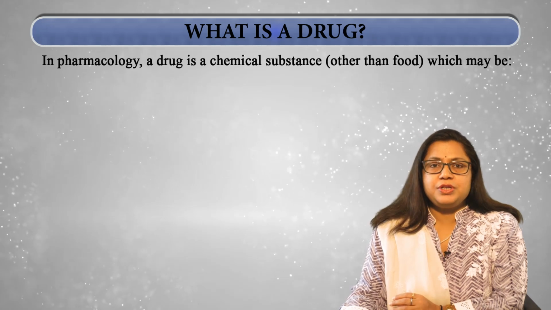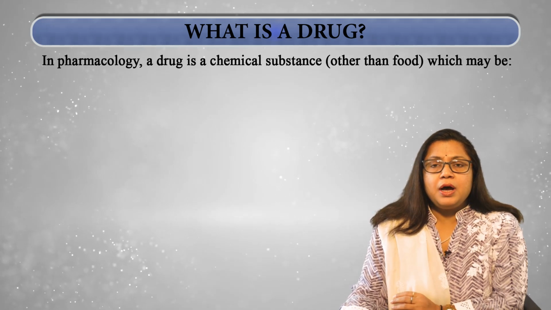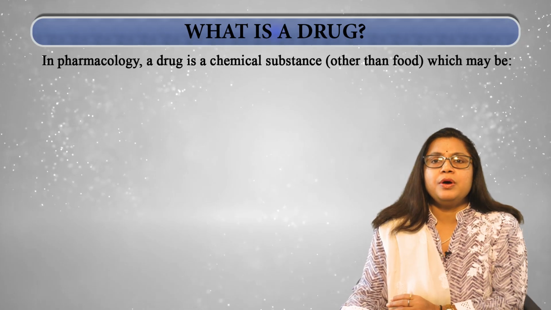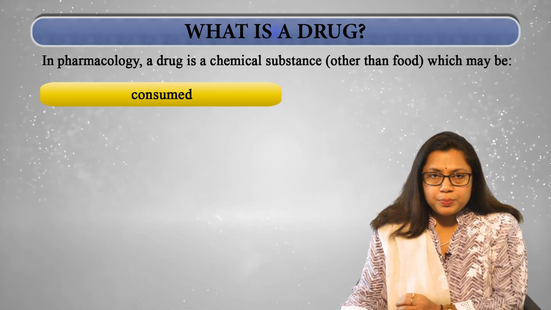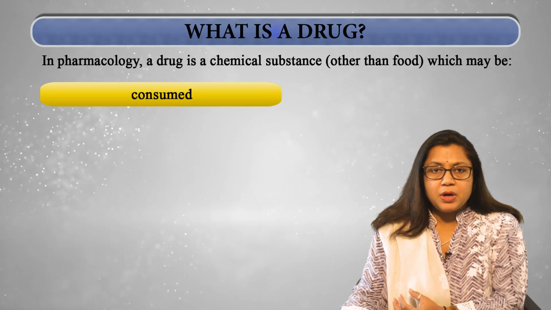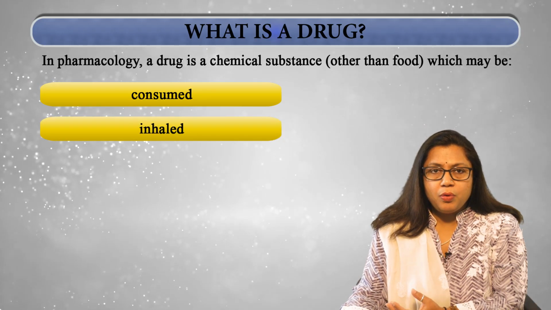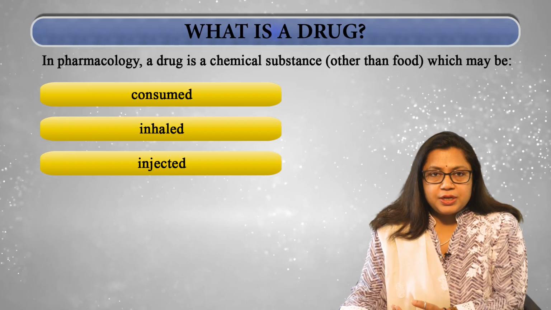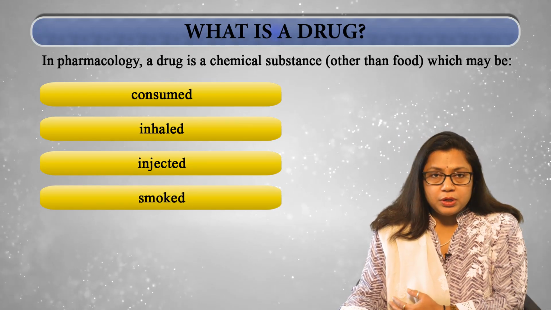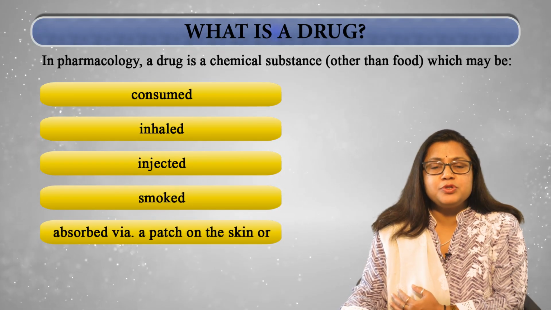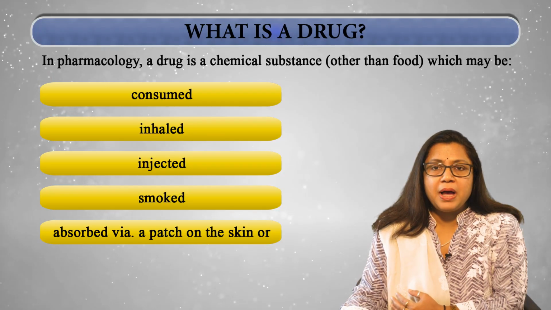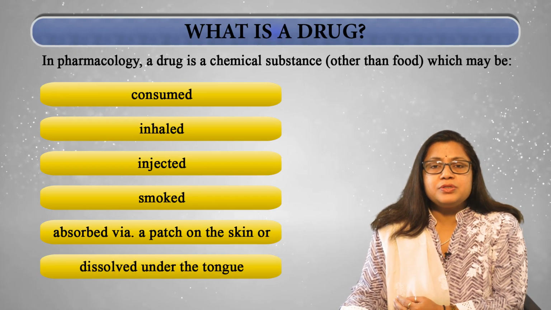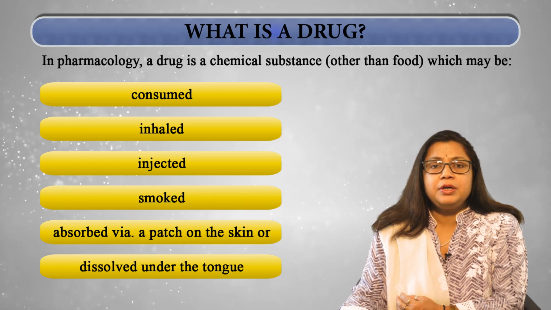In pharmacology, which we are studying today, a drug is a chemical substance other than food which may be consumed orally, or inhaled through the nose and the mouth. It may be injected, it may be smoked, or it may be absorbed via a patch on the skin. It can also be dissolved under the tongue.